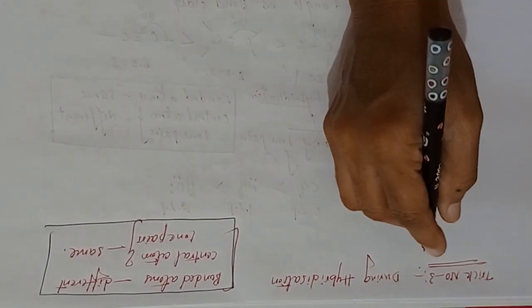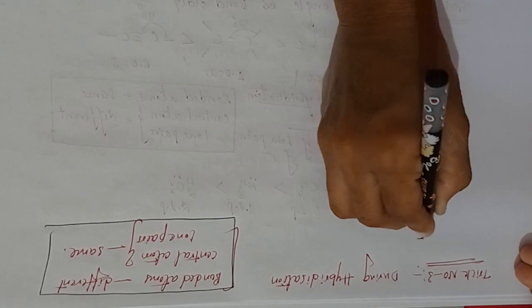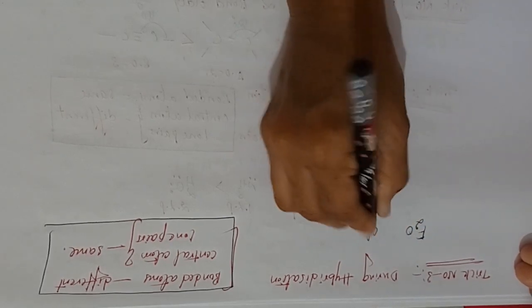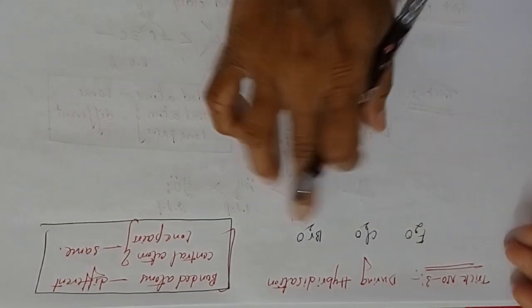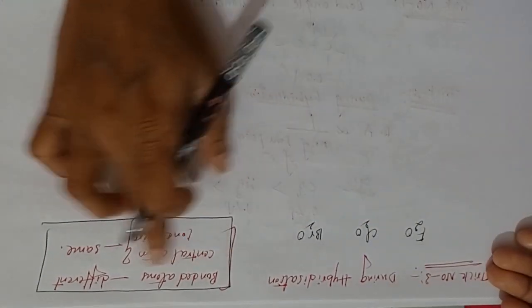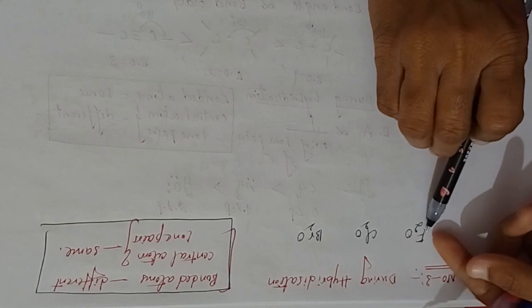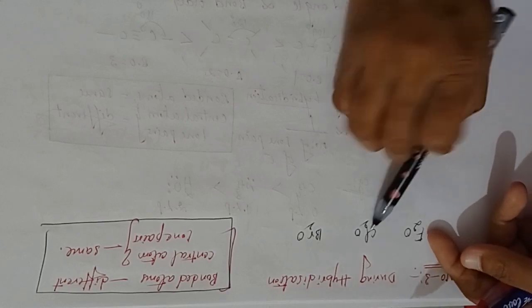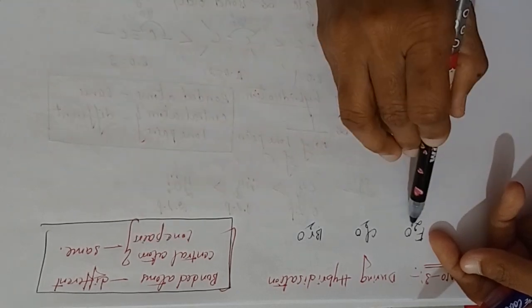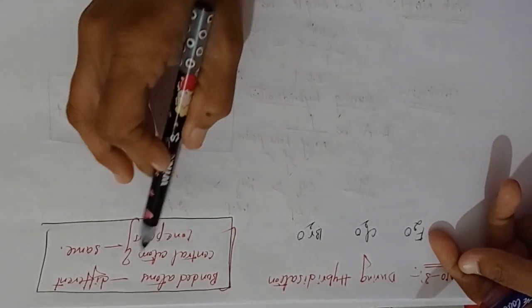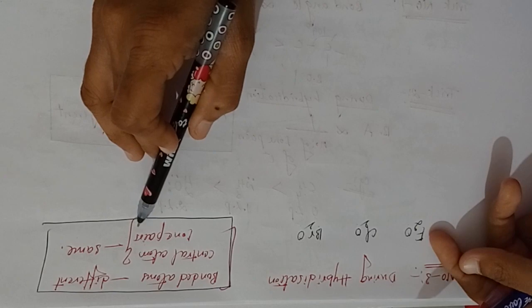So what is the example we can take? Here F2O, Cl2O, Br2O. See these compounds, 3 molecules are there. Bonded atoms different: fluorine, chlorine, bromine. What is the central atom? Oxygen. Central atom same, lone pairs also same.